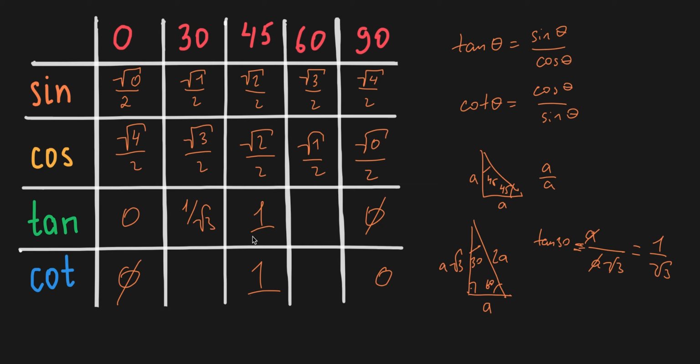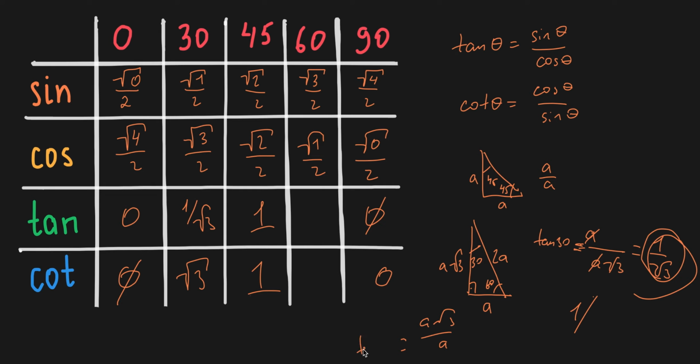And for cotangent 30, you know that cotangent is 1 over tangent. So that's going to be just 1 over this whole thing. The reciprocal of this is simply root 3. And for tangent 60, we know that tangent is opposite over adjacent, which is a root 3 over a.